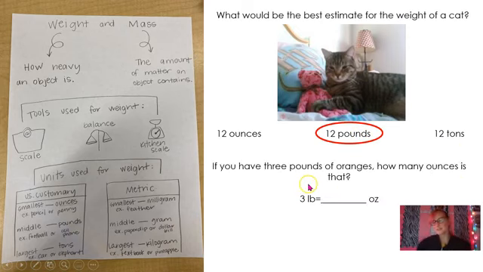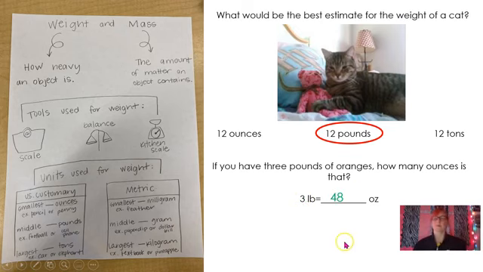We will also need to be able to convert how many pounds into ounces or ounces into pounds, or sometimes even pounds into tons. If I have 3 pounds of oranges, how many ounces would that be? Well, if I know that there are 16 ounces in 1 pound, I would need to multiply 16 by 3 to find out how many are in 3 pounds.